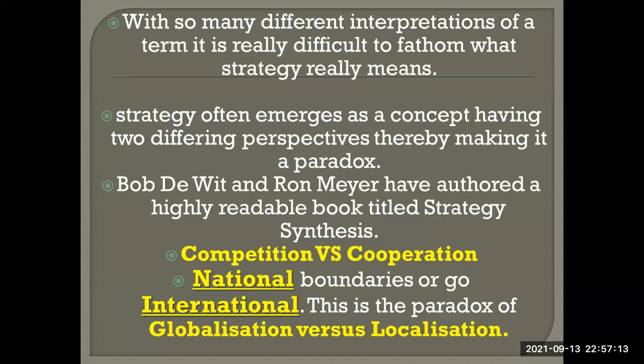Bob DeWitt and Ron Mayer have authored a highly readable book titled Strategy Synthesis. In it, they mention whether we should go for competition or cooperation. Suppose there are companies Idea and Vodafone.